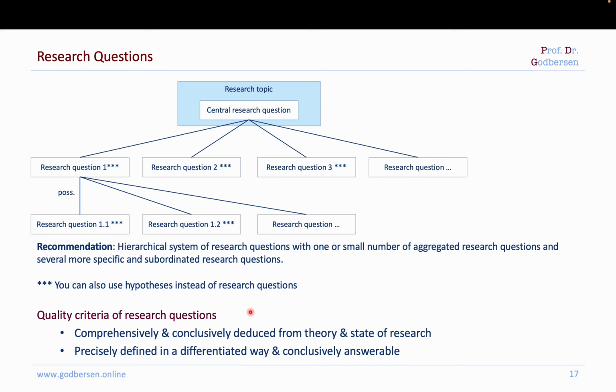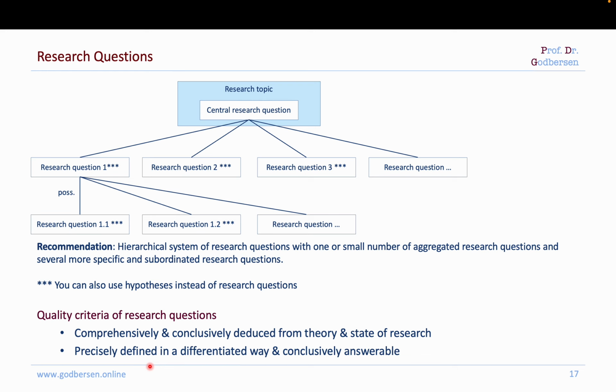Everything you do with regard to research questions, or to be precise, your research questions themselves, need to be comprehensively and conclusively deduced from theory and state of research. Furthermore, you need to be very precise in your formulation of your research questions. They need to be differentiated and conclusively answerable.